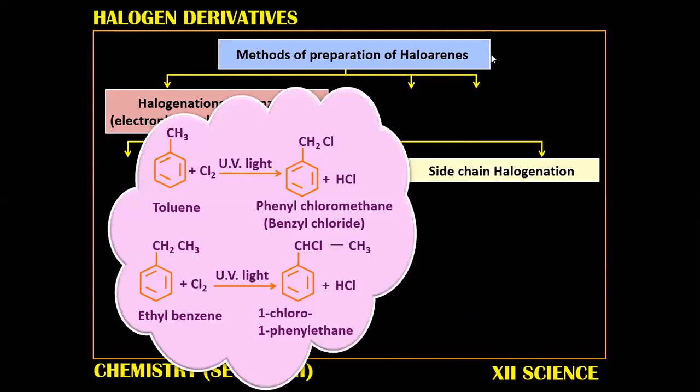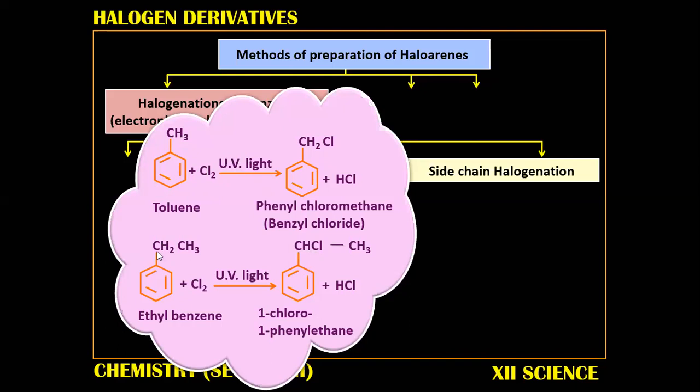Now in side chain halogenation, if you use toluene and you chlorinate this in presence of UV light, the benzene ring will not undergo chlorination. So here the chlorine will attach to the methyl group rather than the benzene ring. So we'll get chlorophenyl methane. The name you corrected, it is not phenyl chloromethane. Make it chlorophenyl methane. The common name is benzyl chloride.